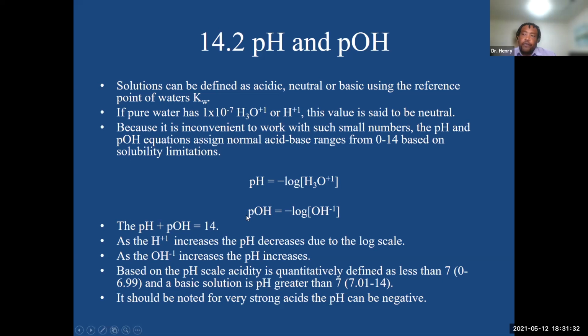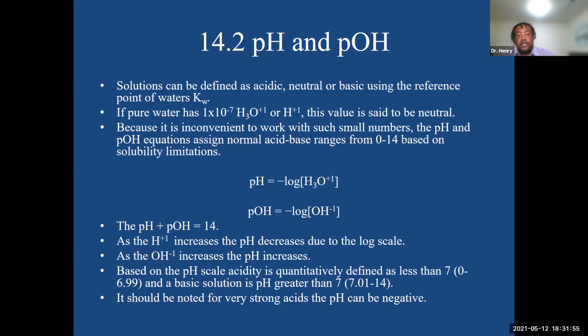Now the pOH is minus the log of the concentration of the hydroxide ion. Together, pH and pOH always add up to 14. You're always going to use this scale for your definitions.